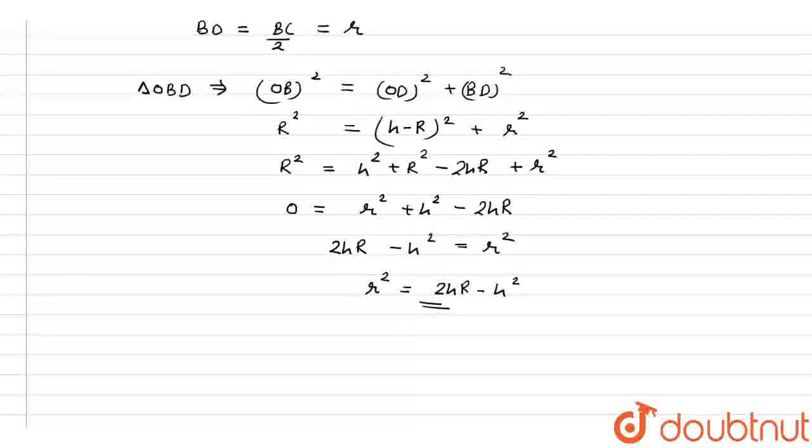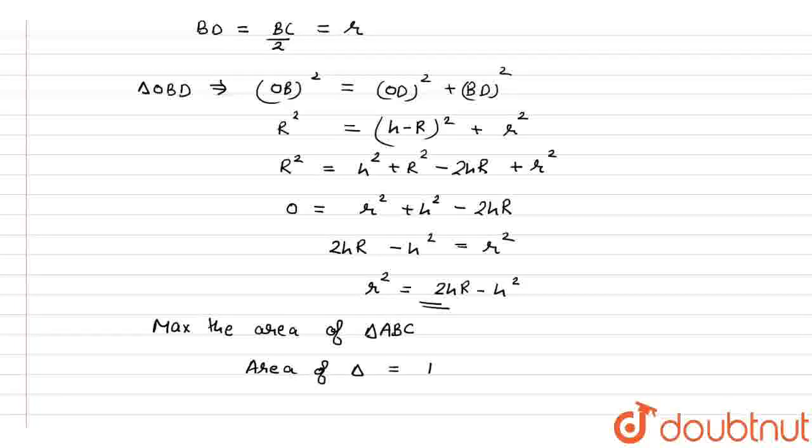Now we need to maximize the area of this particular triangle. That is, we have to maximize the area of triangle ABC. We know that the area of triangle is half into base into height.